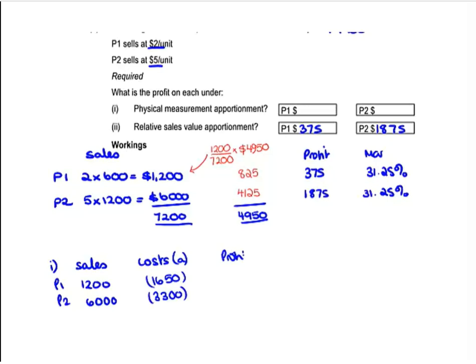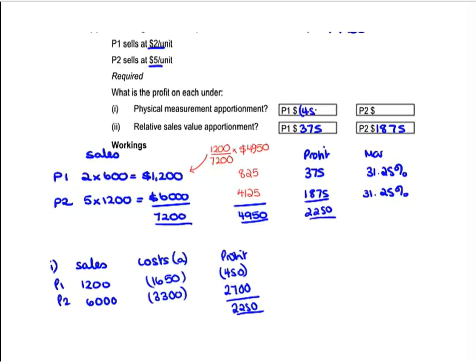So what that means then is we end up with a loss of $450 for P1 and a profit of 2,700 for P2. So the overall profit is the same. It's just the distribution of that profit that's different.